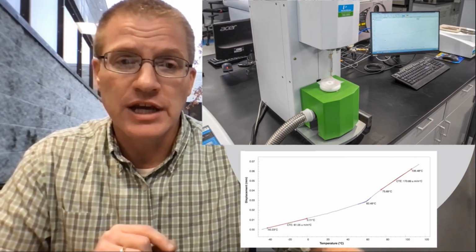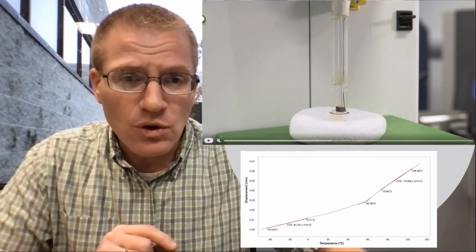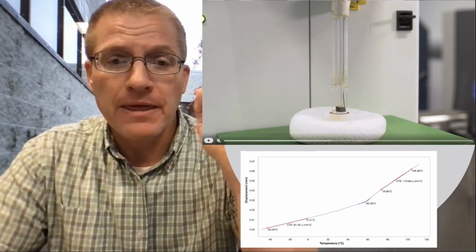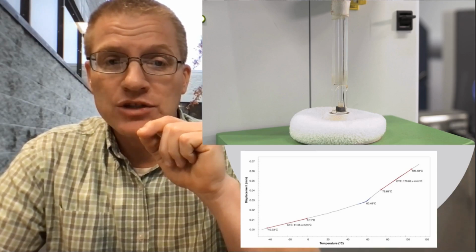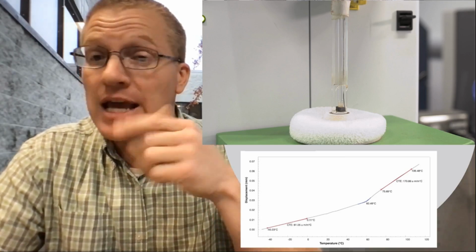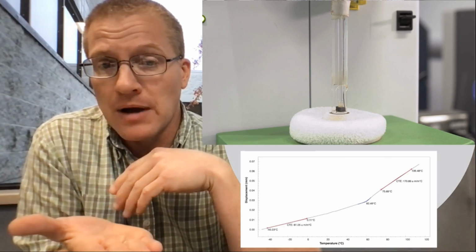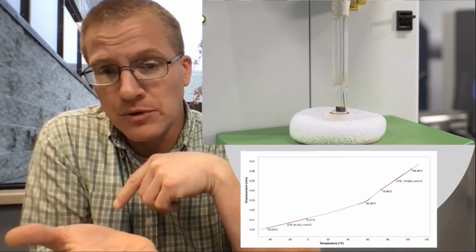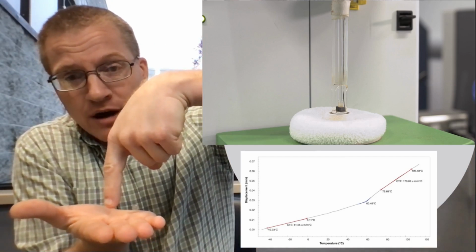And how it works is, let me stop this video right here. So what you have here, you can see that little black square. That is the sample, right? It's sitting on a quartz table essentially, or the bottom, and then you have a quartz probe that's sitting on top of it, all right?